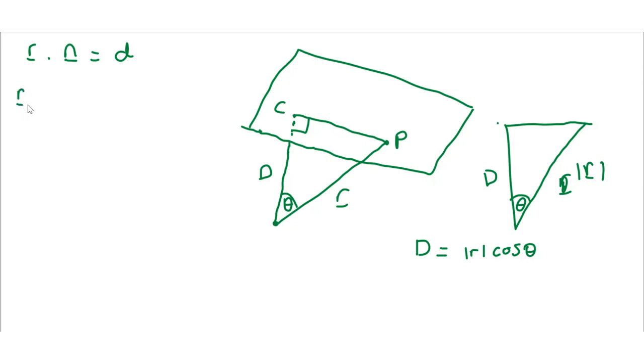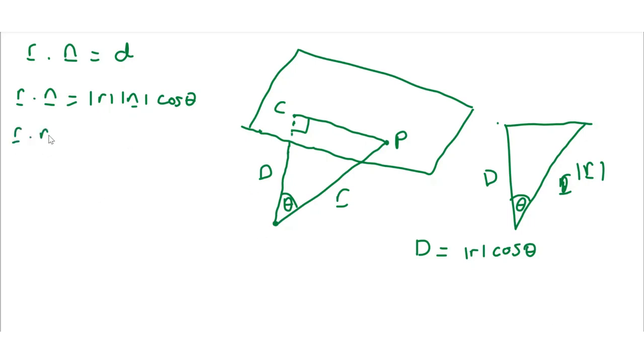Alright, and now let's take a look at this dot product here. So r dot n is equal to the modulus of r, the modulus of n, cos theta. But we see here that the modulus of r cos theta is equal to this capital D that gets onto the plane.